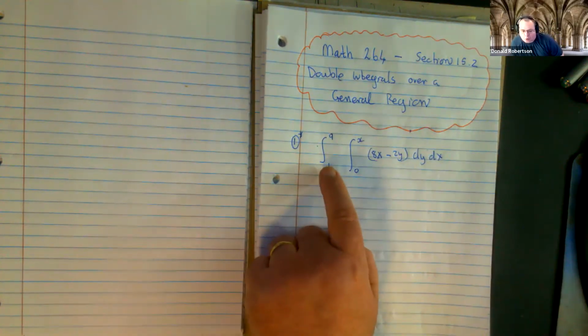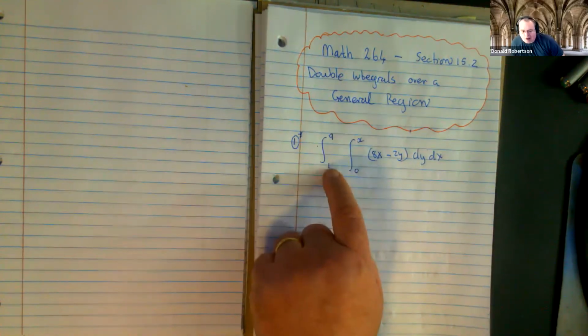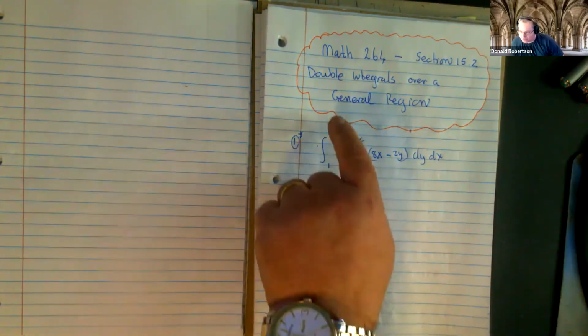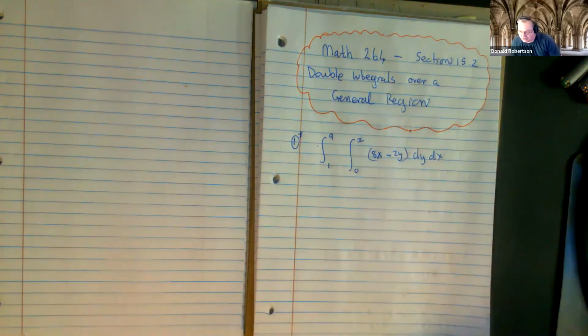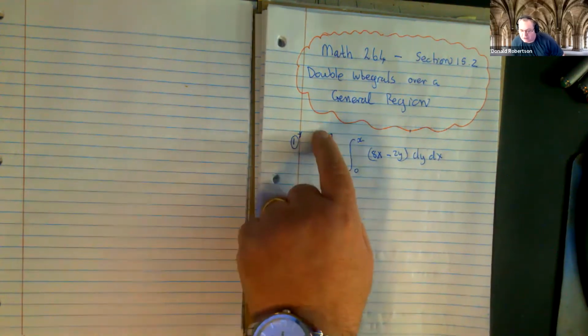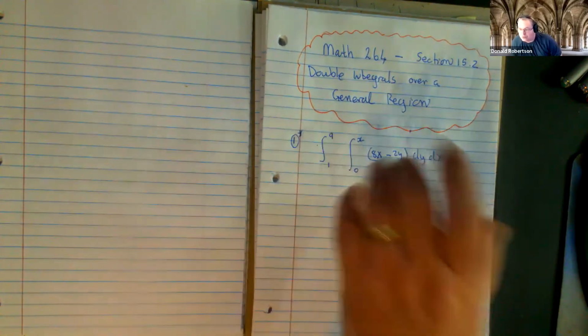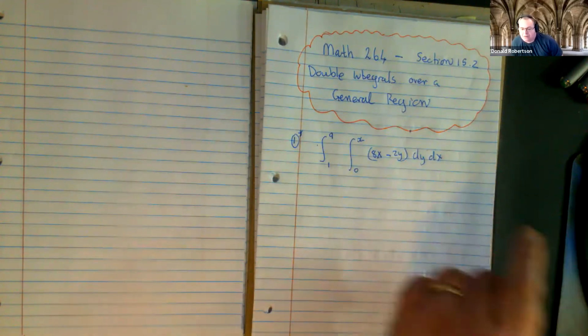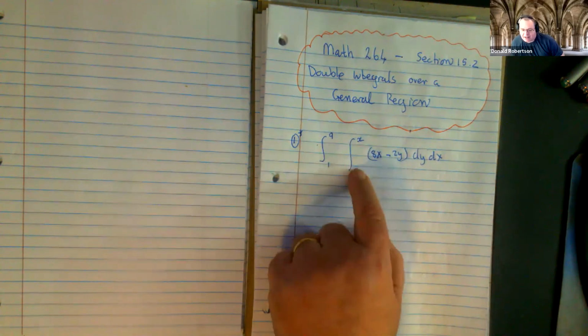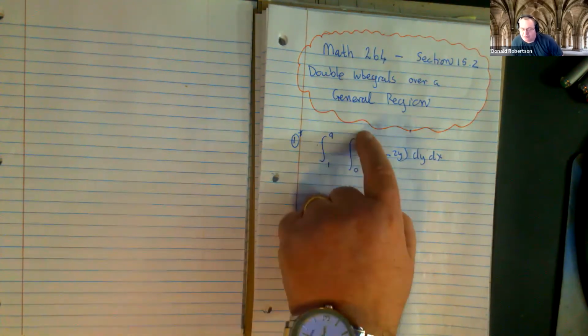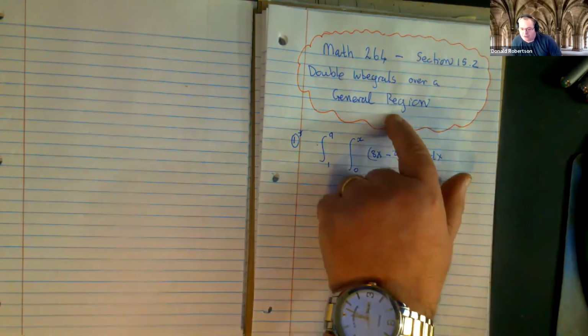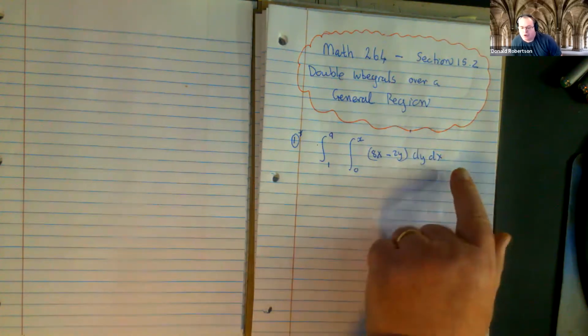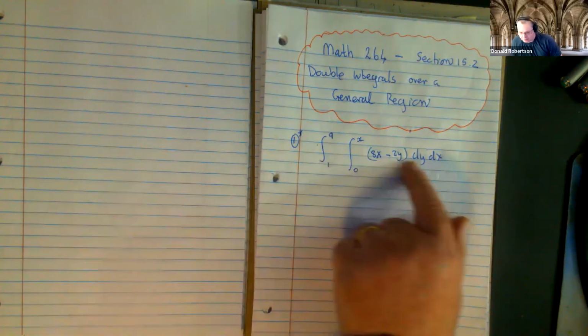You cannot have a 1 to x or a y to x. That's impossible. That doesn't make sense in the world of double integrals, right? So you need numbers here and here, because this entire answer is going to be a number. But if you see any letter anywhere in these 2 places here, you're looking at a general region, non-rectangular, which means you can never separate them.